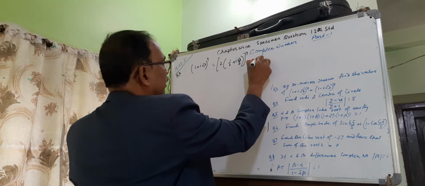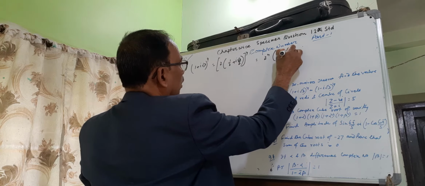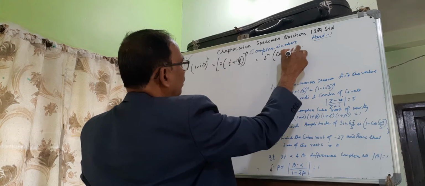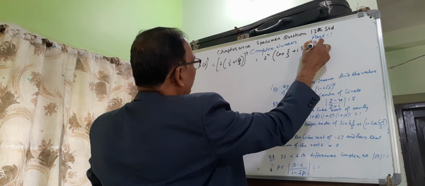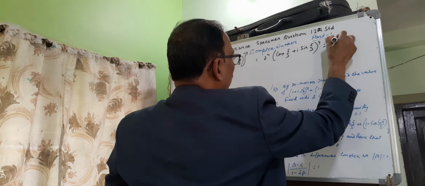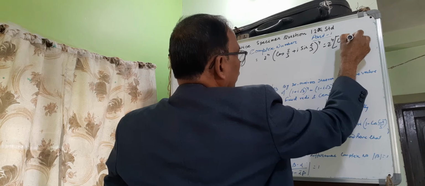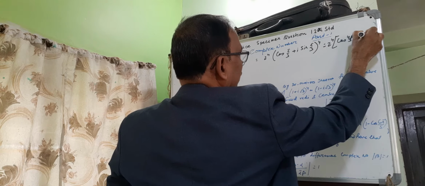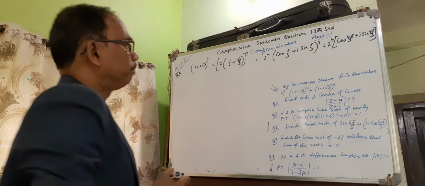That is 2 to the power 4 times (cos pi by 3 plus i sin pi by 3) whole to the power 4, since cos 60 is half. That is 2 to the power 4 times (cos 4 pi by 3 plus i sin 4 pi by 3), using De Moivre's theorem.